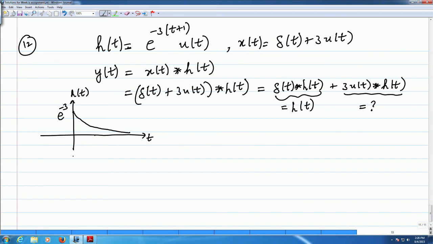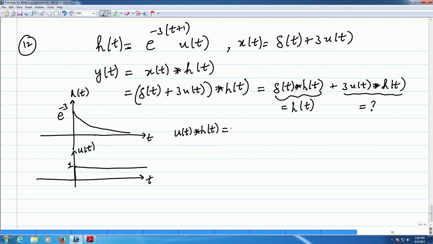On the other hand, u of t, you know already how that will look. So it just goes 0 to 1. Okay, that's how it looks. And this is the convolution you have to do, and let me do that. U of t convolved with h of t. Okay, clearly, it's good to flip the u of t. So you flip the u of t, and then if you take negative t, it's going to go off to 0.